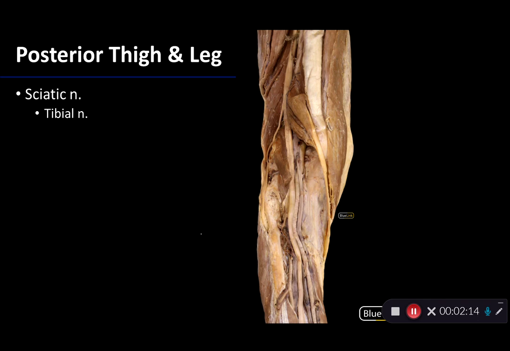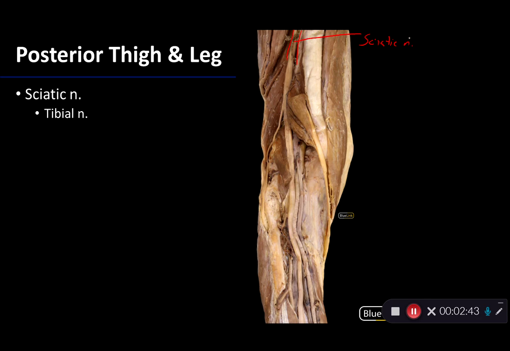As we move to the posterior, the posterior leg is serviced predominantly by the tibial division of the sciatic nerve, or the tibial nerve. So here, both tibial and fibular divisions are bound together as the sciatic, which looks like a very robust nerve.